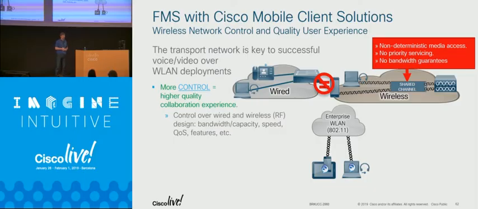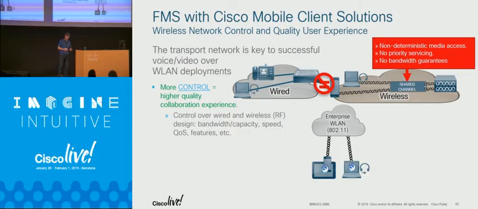And as a result, the more control we have over that wireless network, the better experience we're going to be able to provide for our users. We can optimize that wireless network if it's in the enterprise. We can set up QoS, bandwidth and other types of configuration settings to make that a really reliable, very sufficient network for being able to provide good quality voice and video.